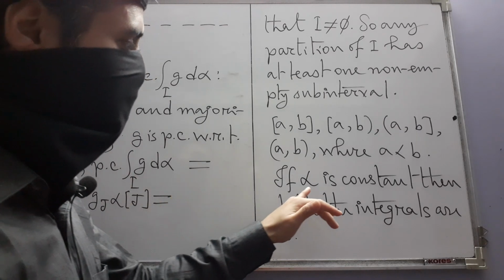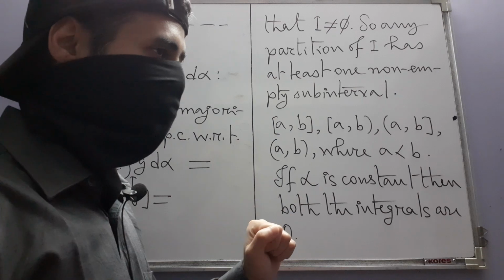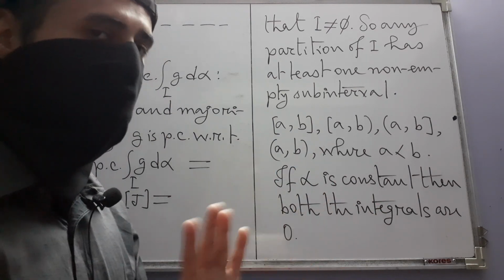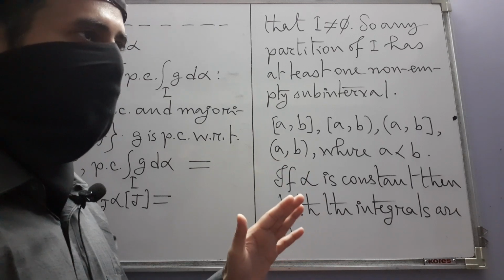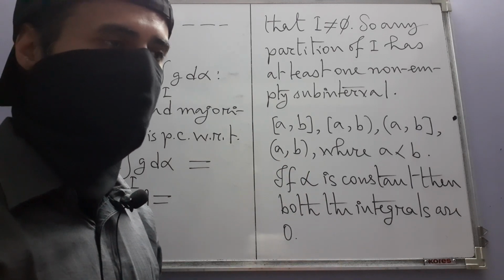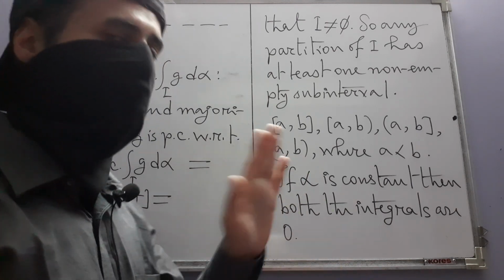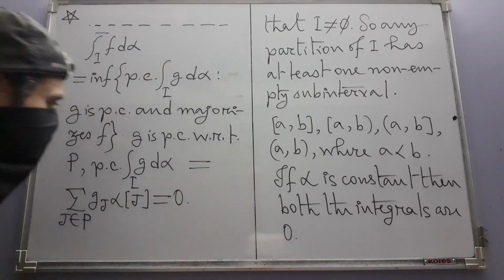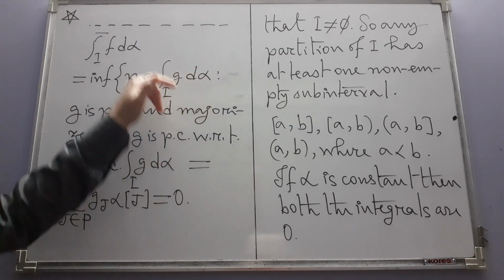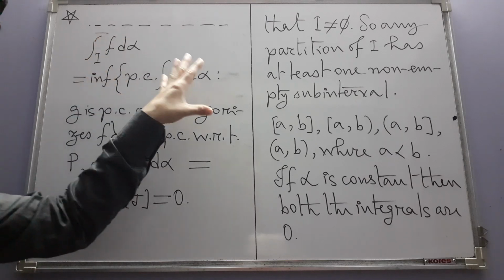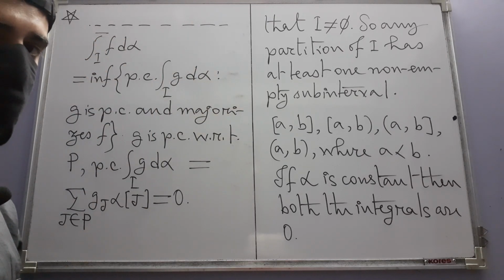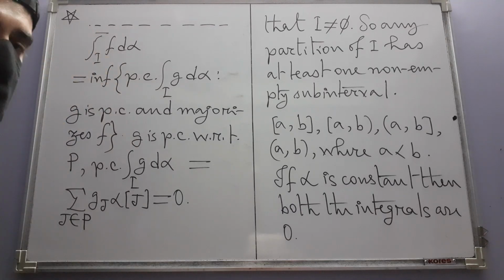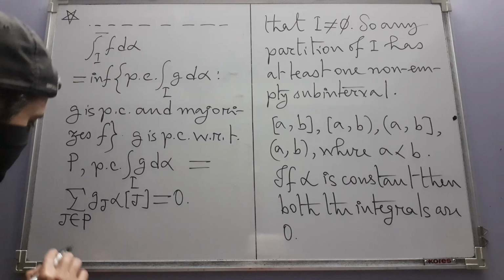Note one more thing, that the constant function is monotonically increasing. We are not saying that alpha is strictly monotonically increasing. We just need alpha to be monotonically increasing or non-decreasing. So that way you get 0, and all these PC integrals are 0 again. So you get the singleton set 0, and so the upper Riemann-Stieltjes integral is 0.